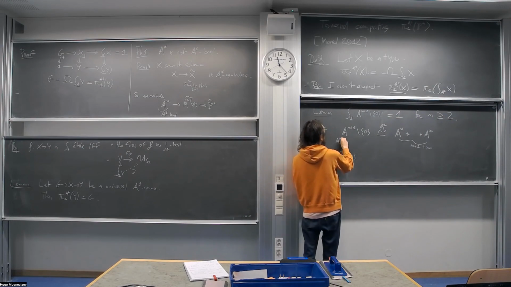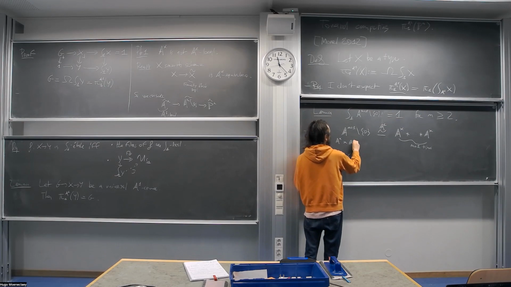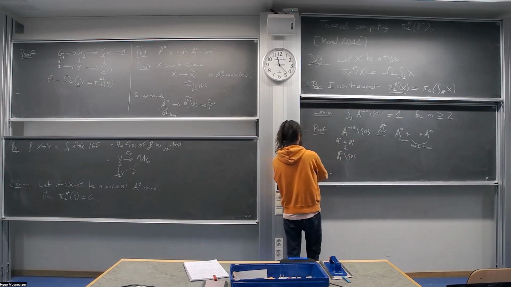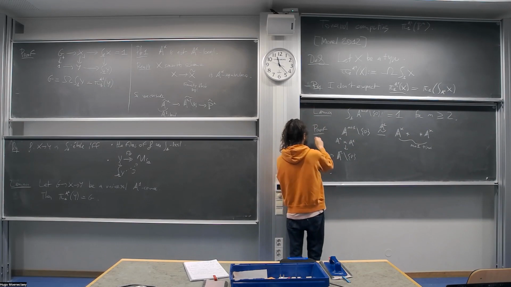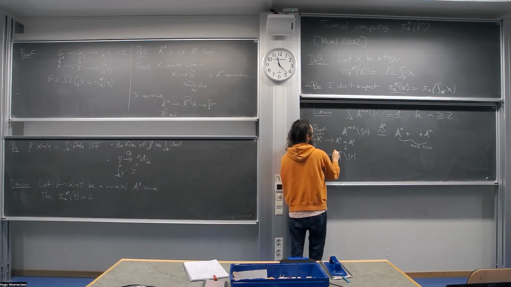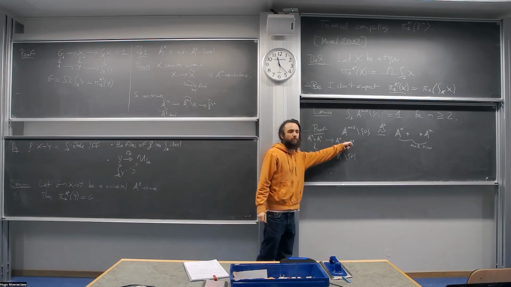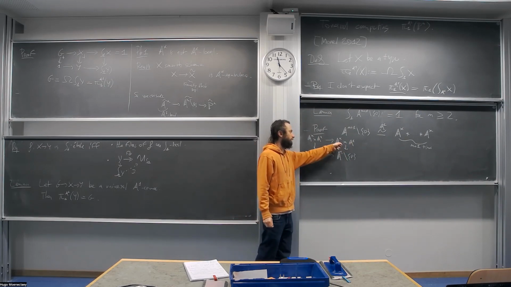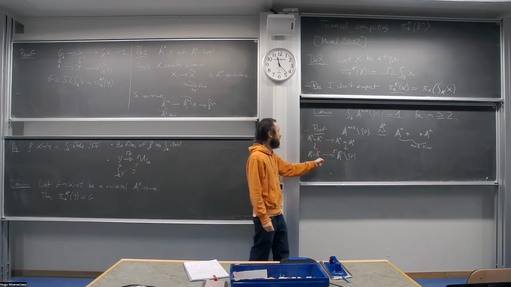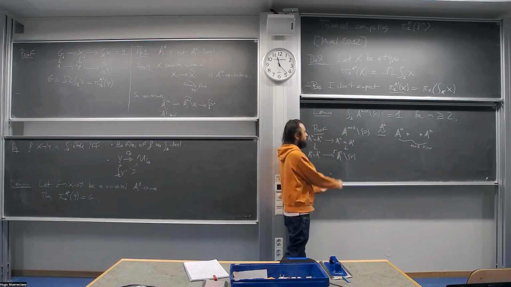So on one hand, we consider these pieces, where you cover by the one where the left coordinate is invertible and the one where the right coordinate is invertible.